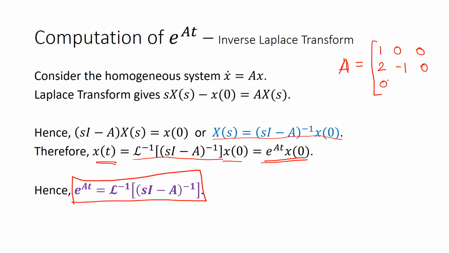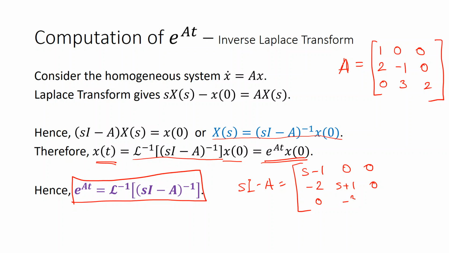The eigenvalues are 1, minus 1 and 2, and you can compute sI minus A, which would be s minus 1, 0, 0; minus 2, s plus 1, 0; 0, s minus 3, s minus 2.